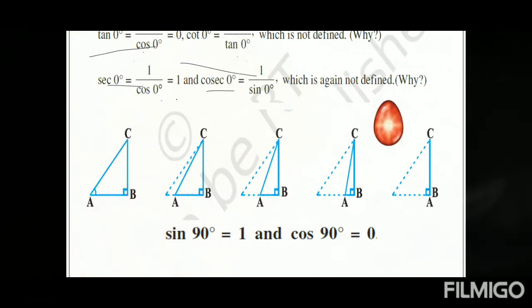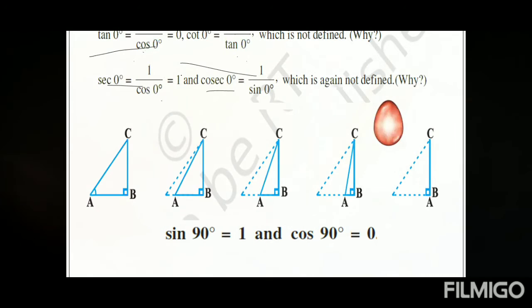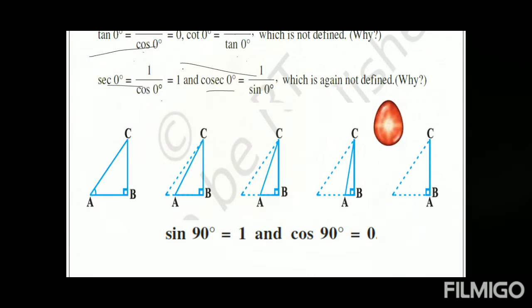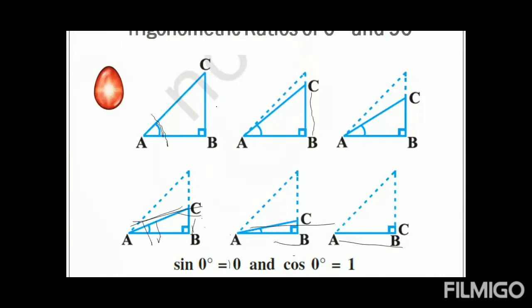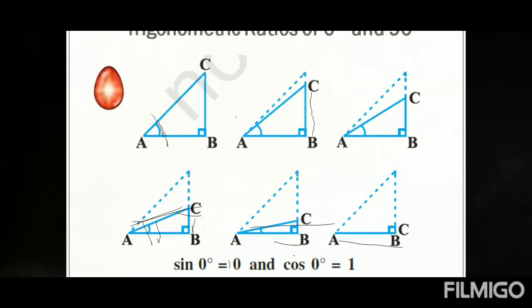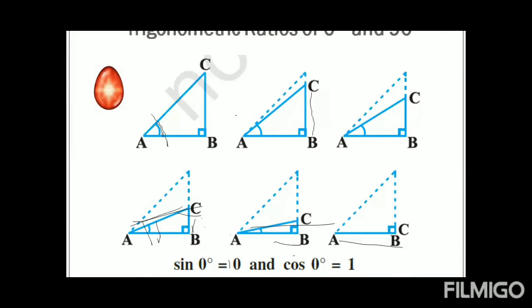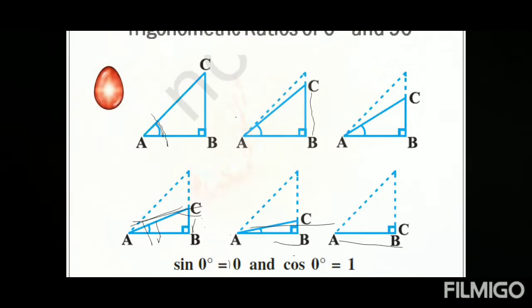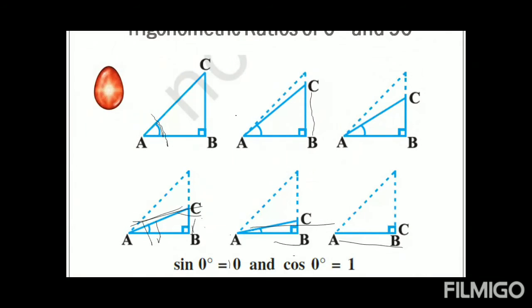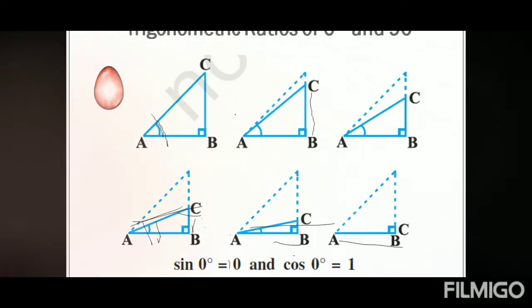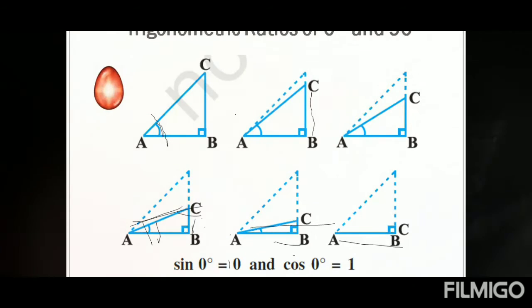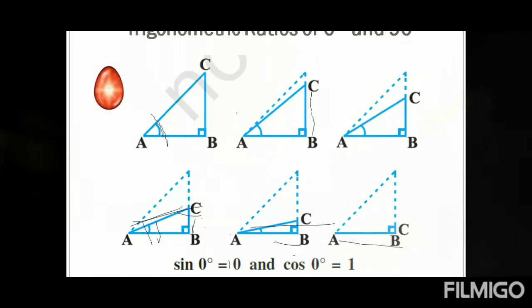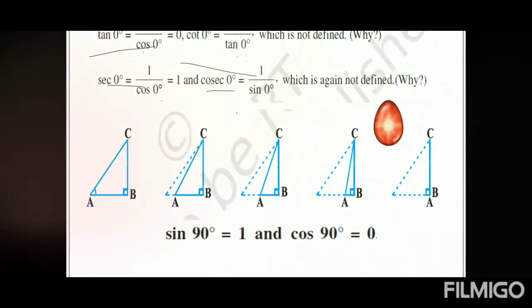And by using this, we can find the rest of the values for 0 degree. Sine 0 degree is 0, cos 0 degree is 1, tan 0 degree is 0, cosecant not defined, secant is 1 and cot is not defined. Okay.